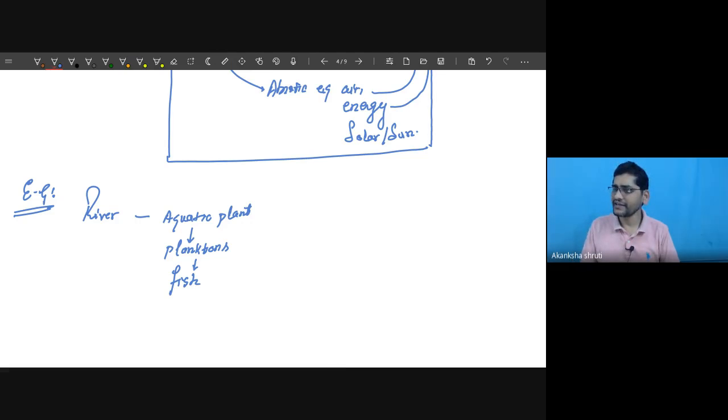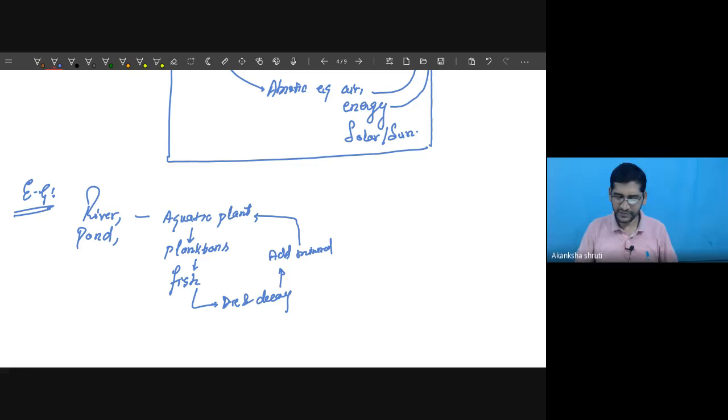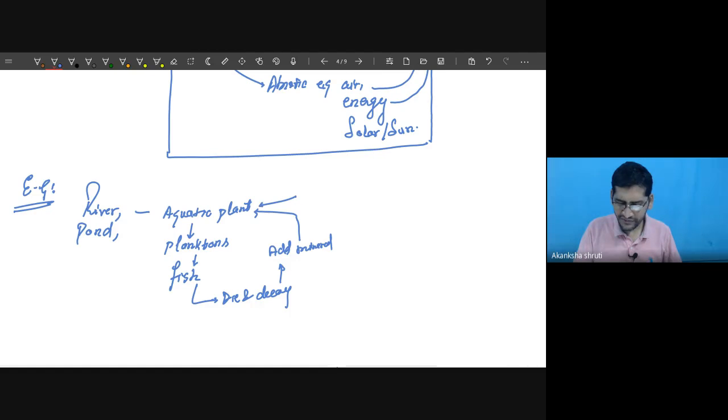Now this fish can survive. Later on this fish will die and decay in that aquatic life, or in the river it will flow, and if it is a lake or pond we consider, then that will add mineral to the soil and lead to the growth of more aquatic plants. So even this fish may die and decay, so it adds mineral for the growth of aquatic plants. Later this mineral is taken by the aquatic plant, and you know that the plant can exist only if sunlight is there.